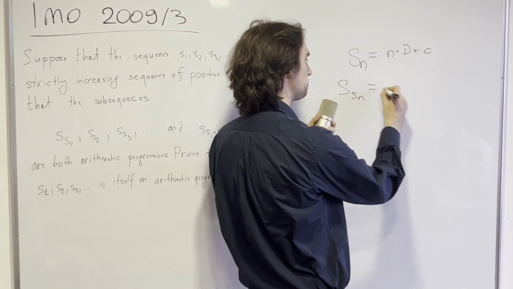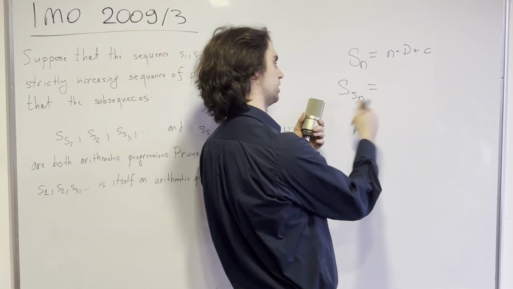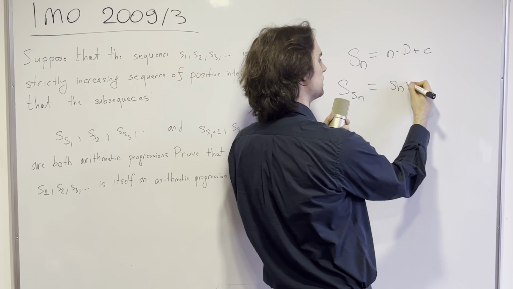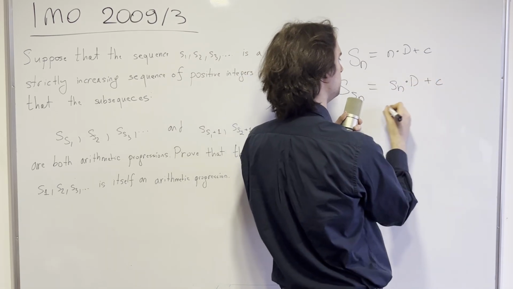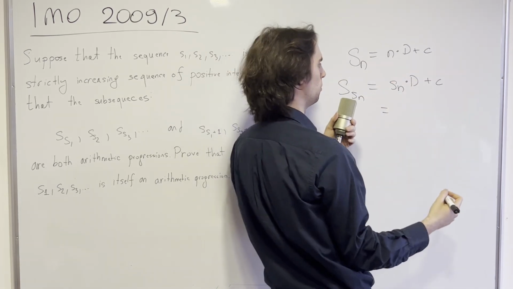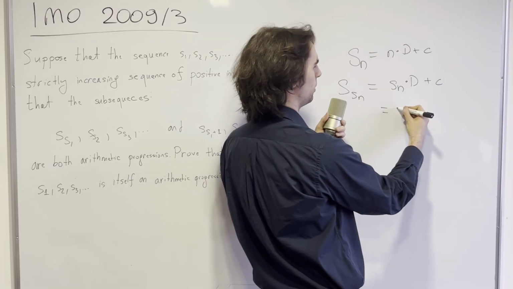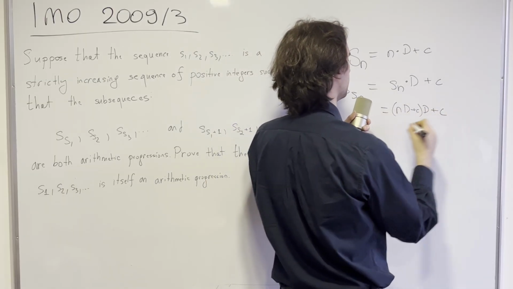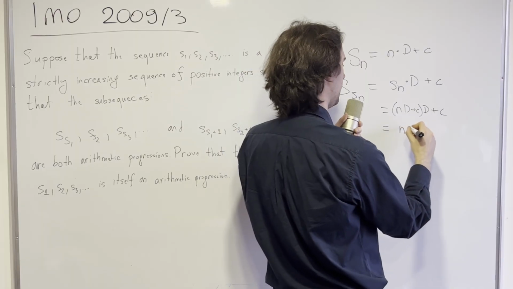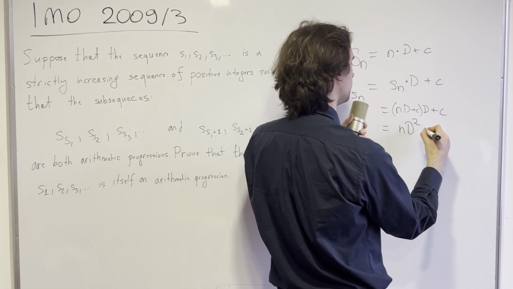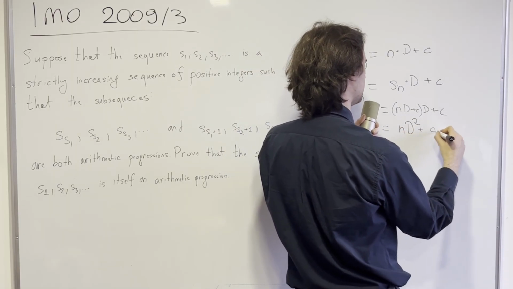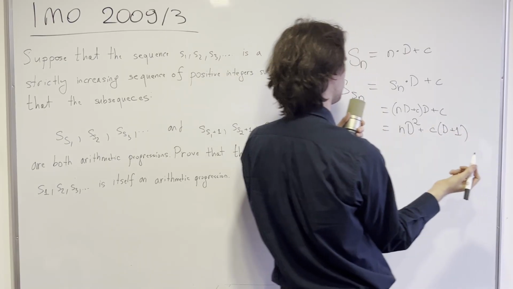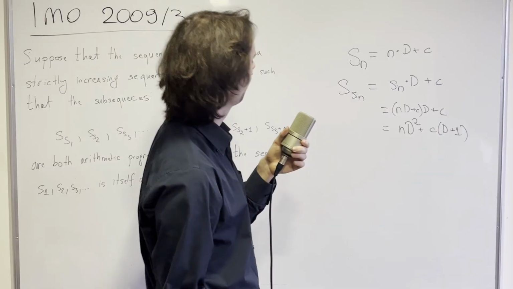Well, SSn is going to be equal to Sn times d plus c, and this is going to equal, by this, nd plus c times d plus c, which is nd squared plus c times d plus 1. Yeah, this is SSn then.